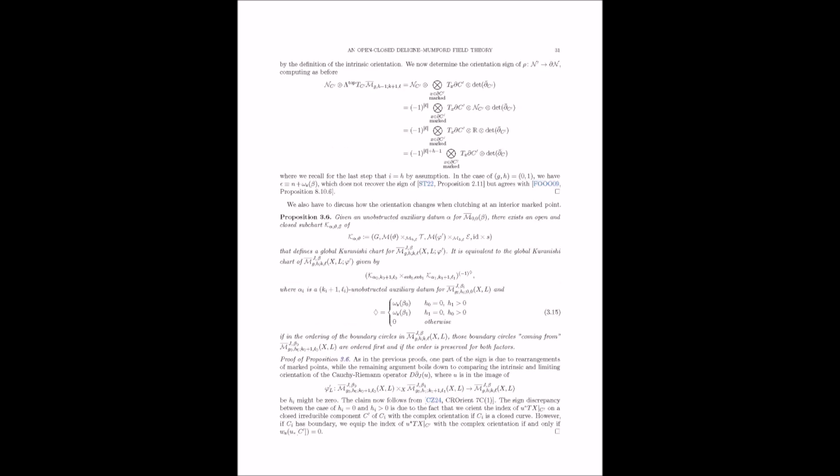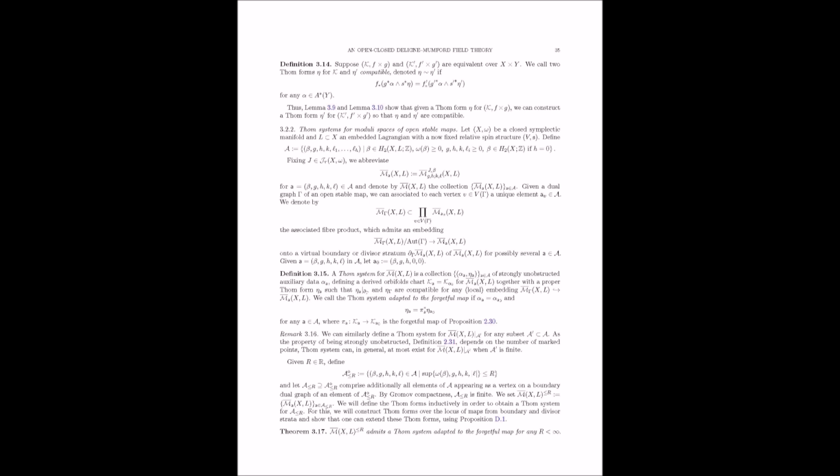And the key tool that they use for this is the concept of a global Kuranishi chart. Okay, so I've heard of Kuranishi structures before, but remind me, what are they all about? Basically, a Kuranishi structure on a moduli space gives you a way to describe the space locally as the zero set of a certain map between manifolds.